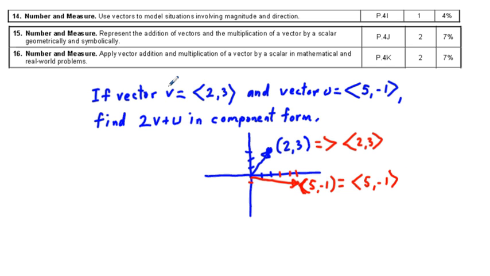And then we're being asked to find 2v plus u. So we can just add these together. 2v equals 2 times 2, 3, and u is equal to 5, negative 1.